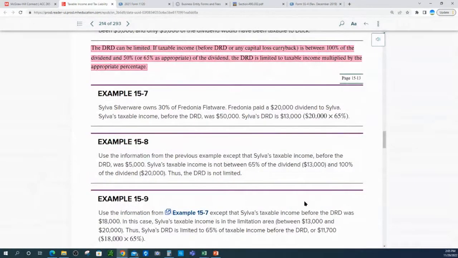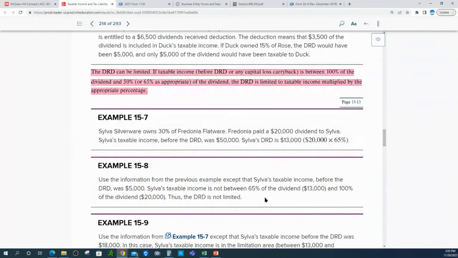Here we've got Silva Silverware, these names, owns 30% of Fredonia Flatware. Fredonia paid a $20,000 dividend to Silva. Silva's taxable income before the dividend received deduction was $50,000. All right, so $20,000 times 65% is $13,000.